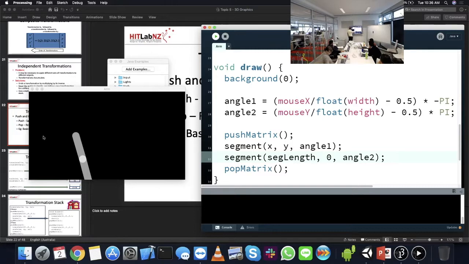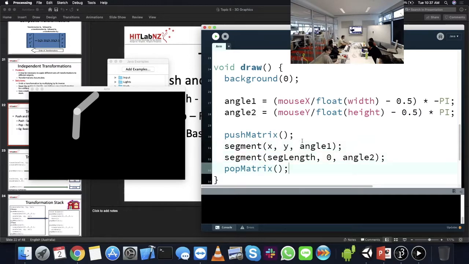Then for the second one, we move out by seg length by 0 and draw a line at angle 2. Because our cursor is already sitting here pointing in this direction, we draw the line and then move the cursor down to here and draw the next line, so it's always going to appear at that joint. Because of these cumulative things, all we have to do is draw this line and then say move to the end of that line and draw again.